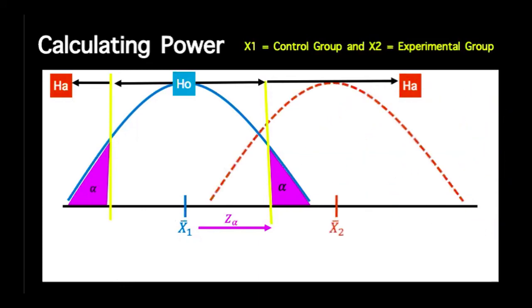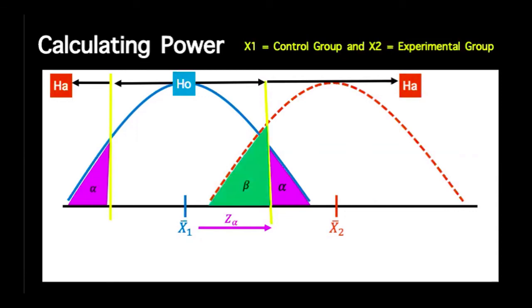We then compare that control group mean to our experimental mean. And let's say our experimental group lands in this area compared to our control group distribution.